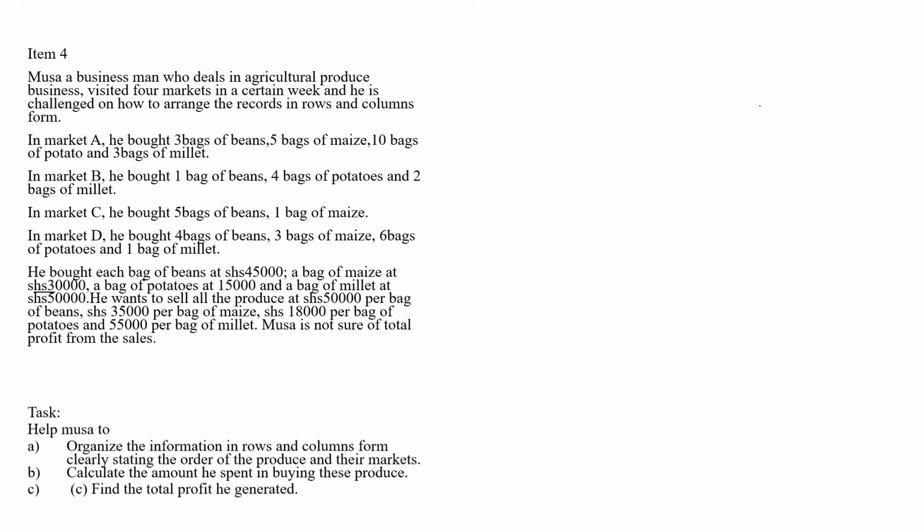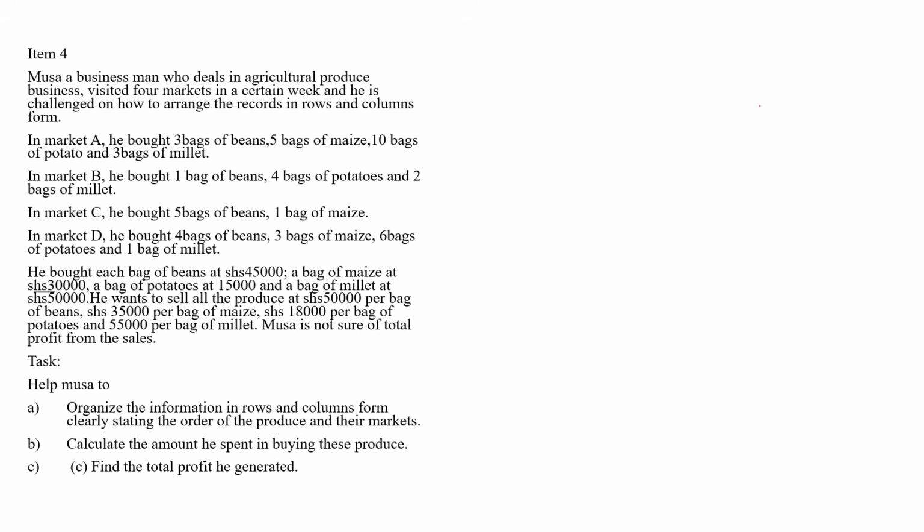Then we have also item 4, and that is we had only matrices in that, and also finding profit business as arithmetic 1. Musa, a businessman who deals in agricultural produce business, visited 4 markets in a certain week, and he is challenged on how to arrange the records in rows and columns form.